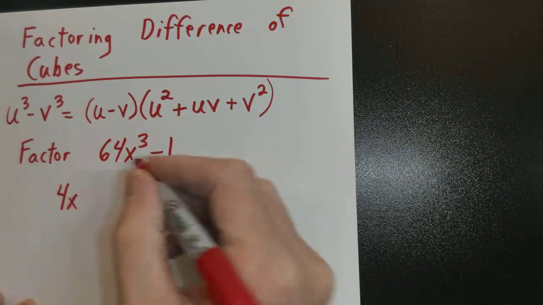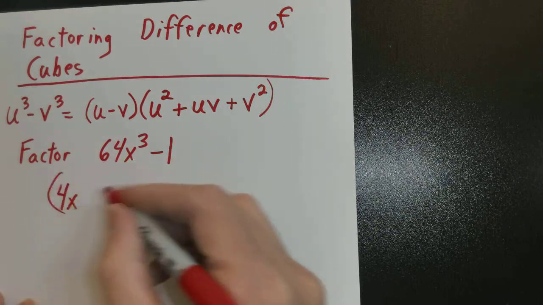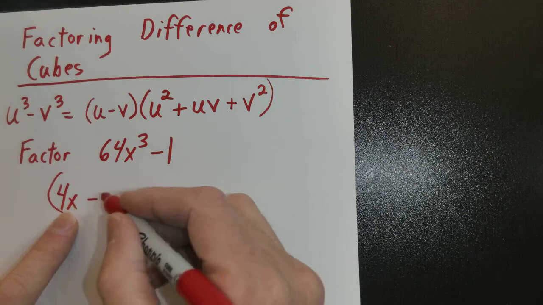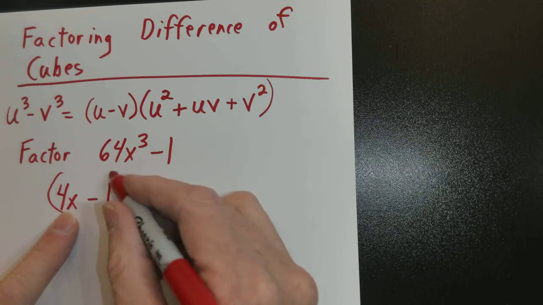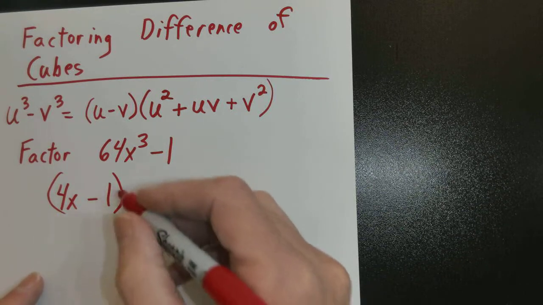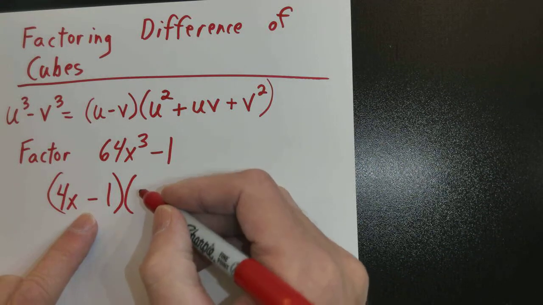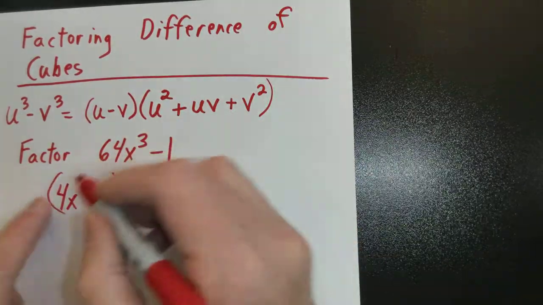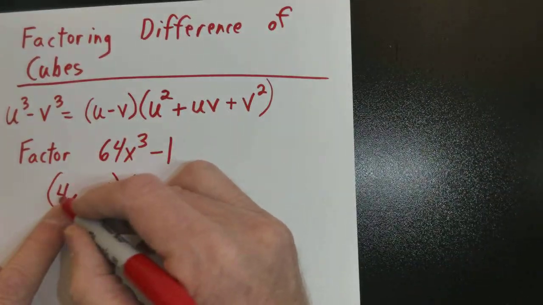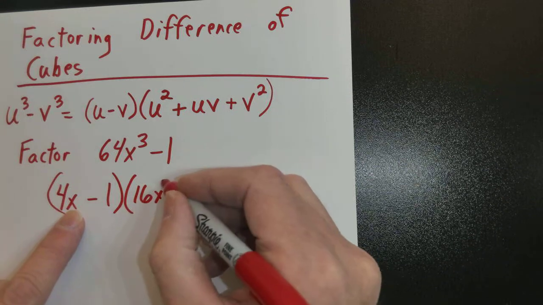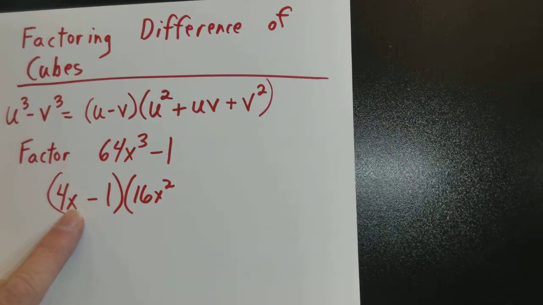So I'm going to use 4x. What's the cube root of 1? 1. Okay. So 4x minus 1. That is correct. Now, I've got to square 4x. So that's 16, and I'm going to square x, 16x squared.